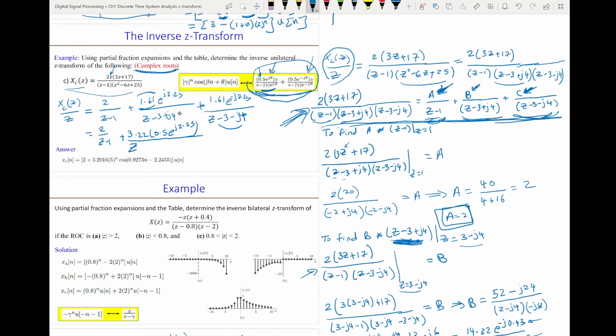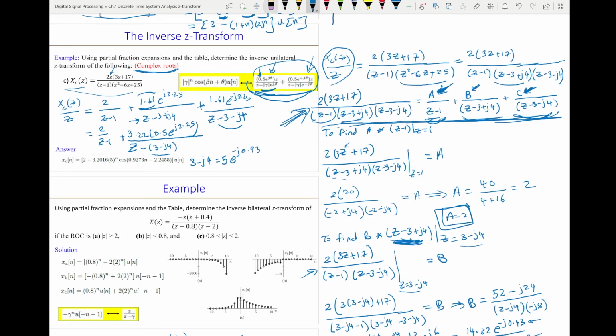So now I can rewrite this as minus 3 minus j4. And then if I find this in polar form, the magnitude is 5 and the angle will be minus 0.93.